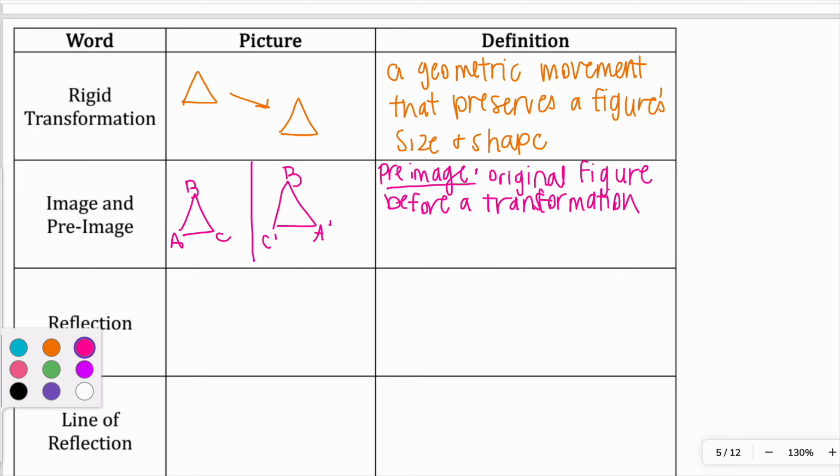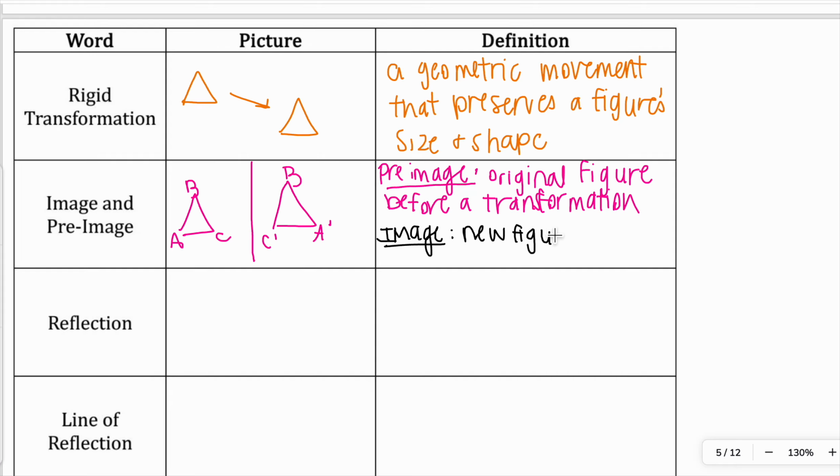The image is going to be a new figure that results from the transformation.